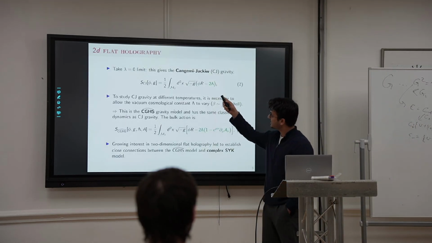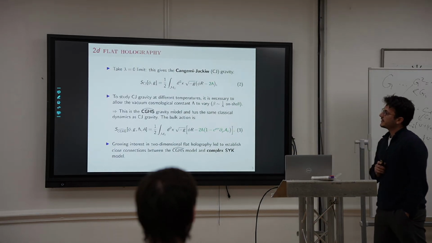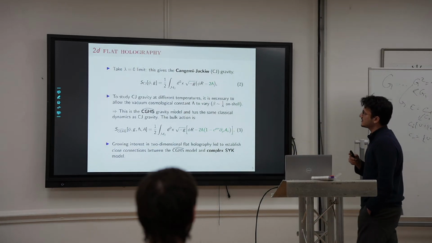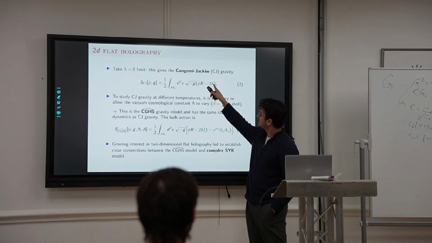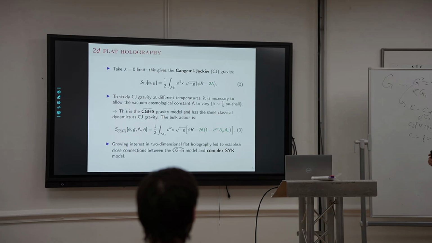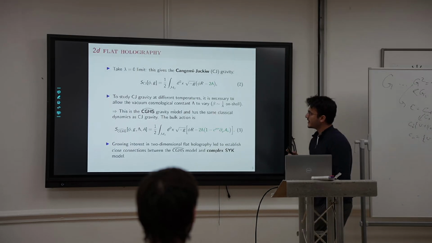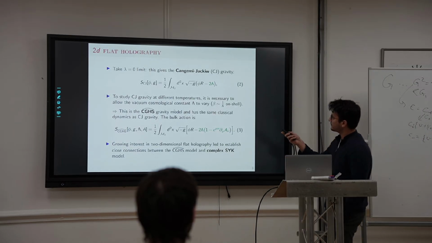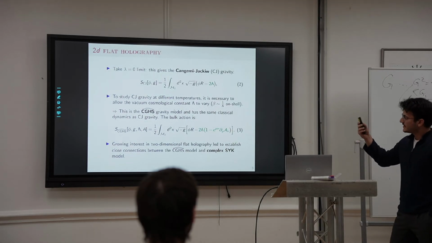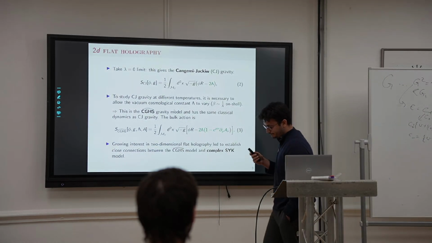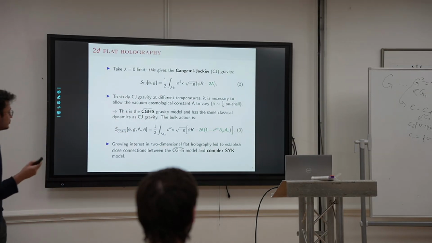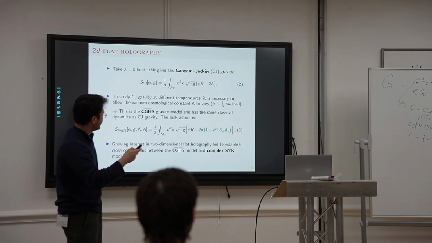But actually, Cangemi and Jackiw in the 90s wrote an action which is like this. They added this thing that we will call the vacuum cosmological constant. It's different from the little lambda. And this theory is very interesting because it's basically giving you some sort of description of flat space-time in 2 dimensions in terms of a holographic system.